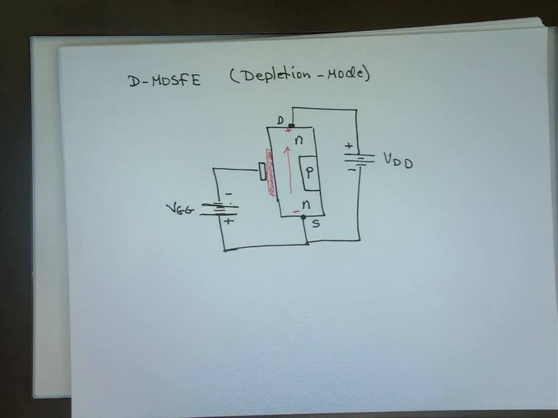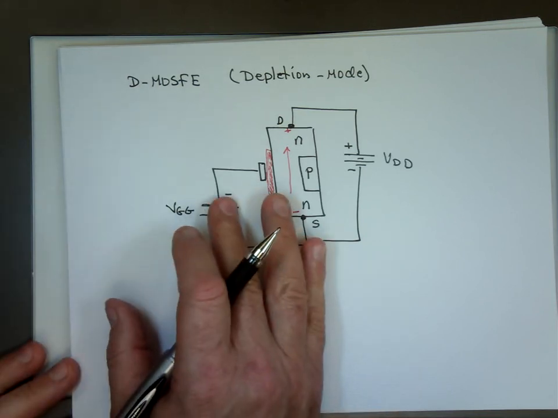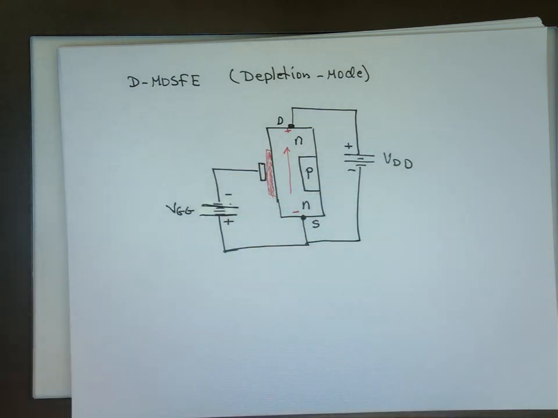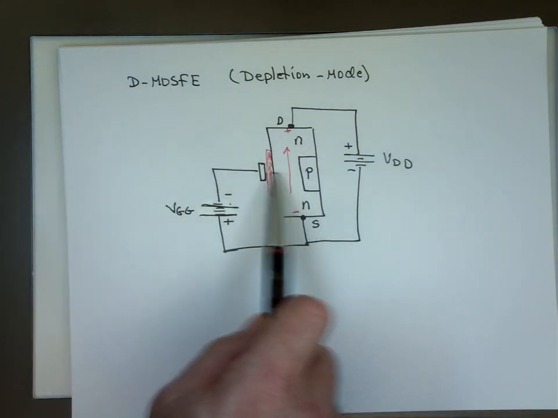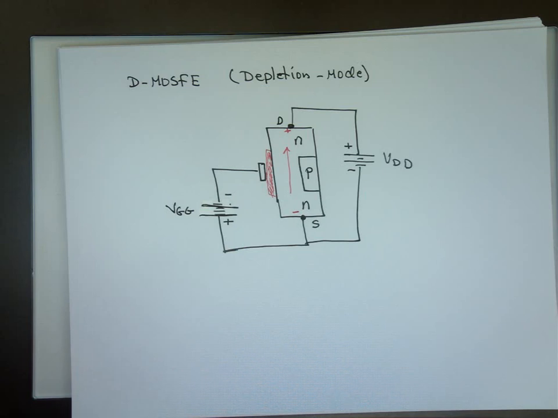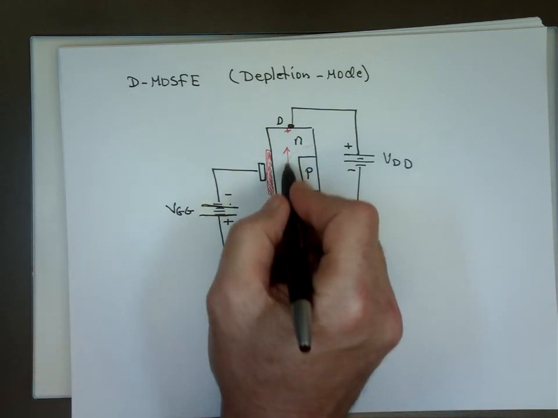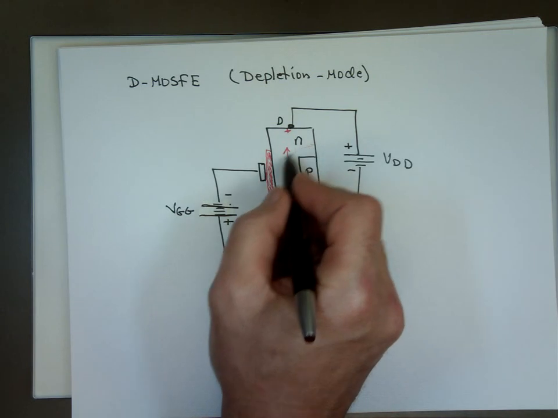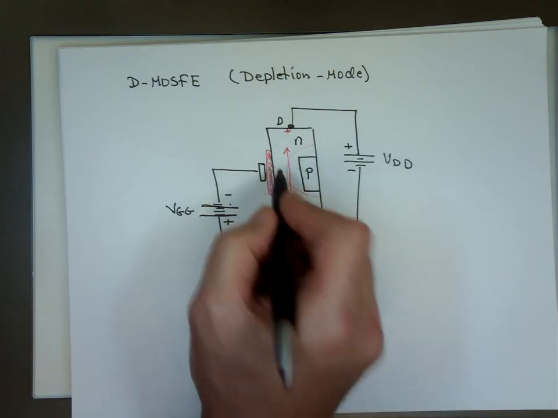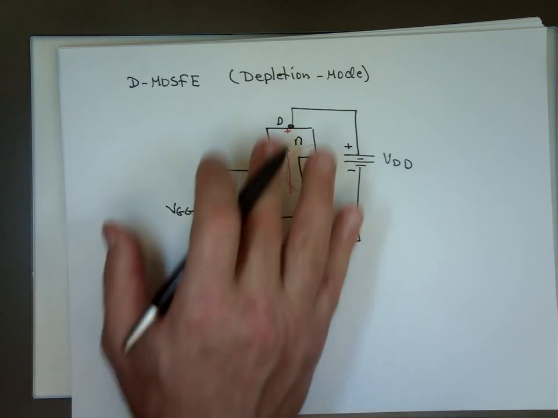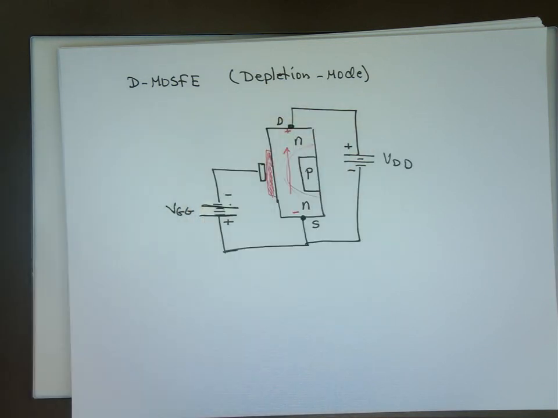If you keep increasing this voltage, this area will get smaller and smaller. If you watch that channel here, it will start to look like this. Smaller, smaller, so you try to squeeze through that. Eventually there's a voltage here where zero current will go through. That is the voltage that allows zero current.